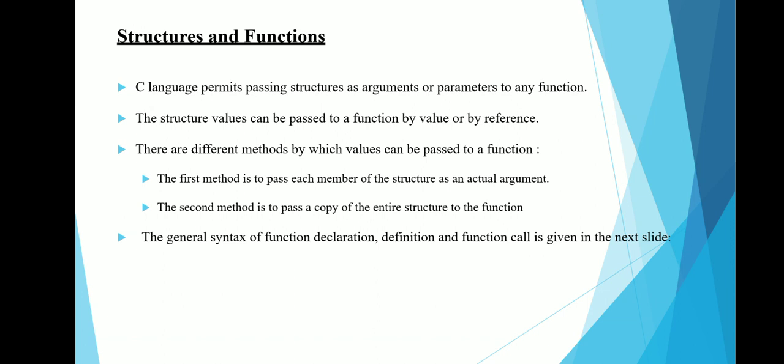So instead of passing the whole structure, we can use individual members as separate arguments and pass them to the function. And the second method is, instead of taking individual members as separate arguments, we can use the entire copy of the structure and pass it to the function as the argument. The syntax is given in the next slide.